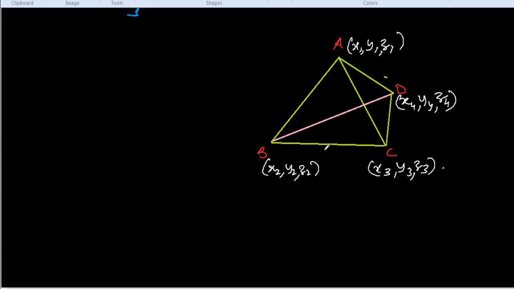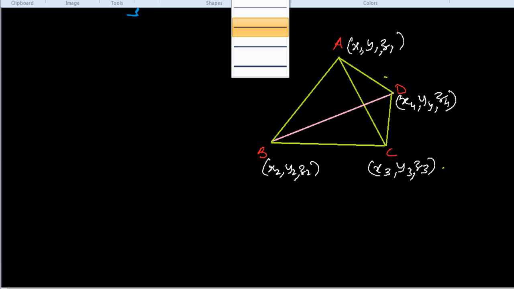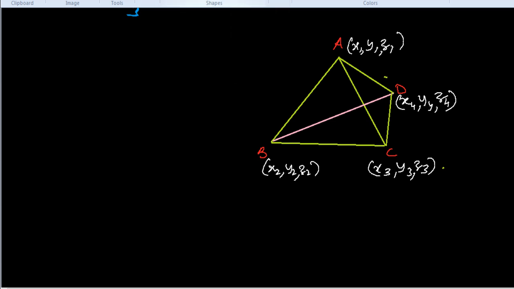And we have to find out the center of the tetrahedron. I would explain what the center of the tetrahedron is. So first we look at this with this blue green pen. First I draw the centroid of this face ABC, this triangle. So I draw a line.